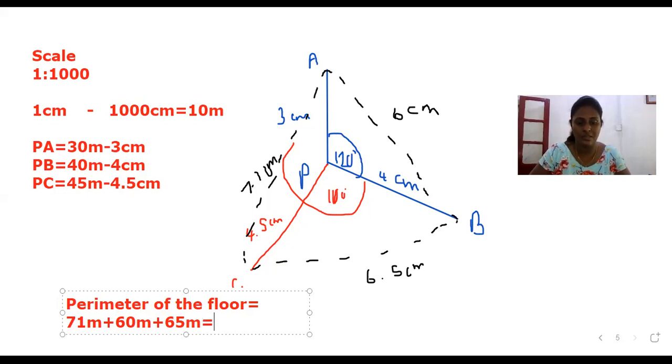Then the sum of these is 196 meters. The total perimeter of the flow.